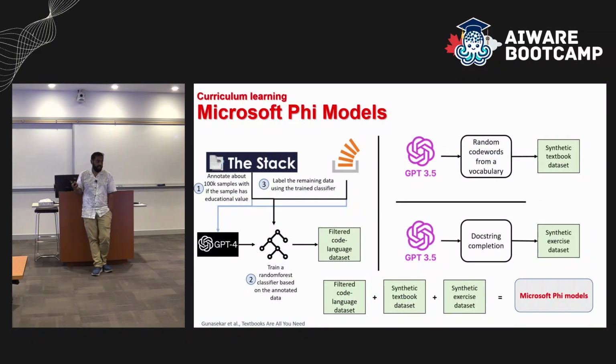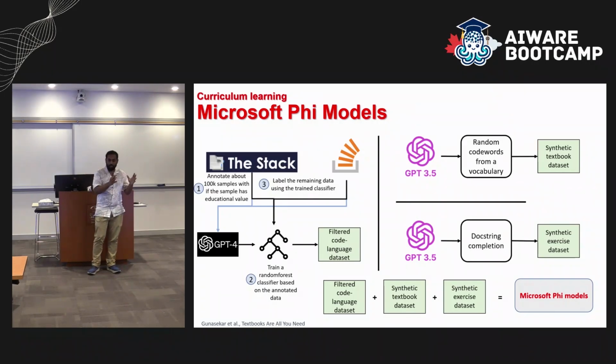One of the first efforts that did it in the context of large foundation models was the phi models. Though they don't explicitly say it's curriculum learning, they built a data curriculum to pre-train their model. What they did was actually very neat.